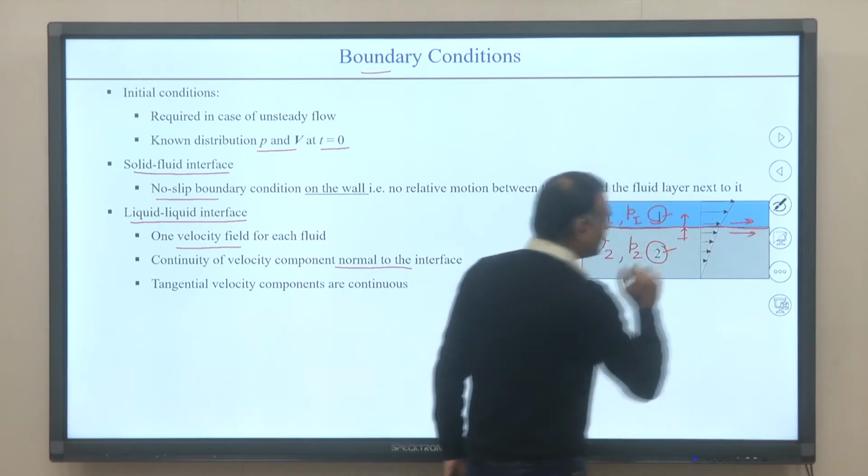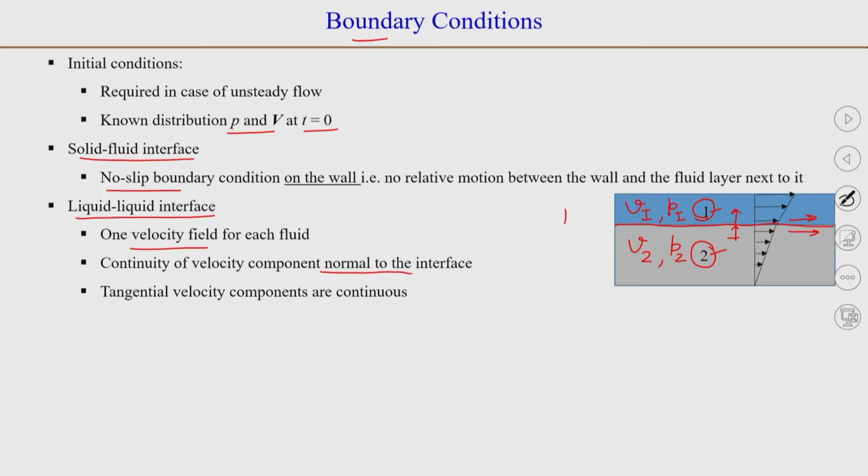That means, if we assume that the coordinate system here is x, y, and the interface is aligned along the x direction, then we can say that u, which is the x component of velocity in fluid 1, is equal to u in fluid 2, and v in fluid 1 equals v in fluid 2 for the normal component of velocity. This is at the interface.